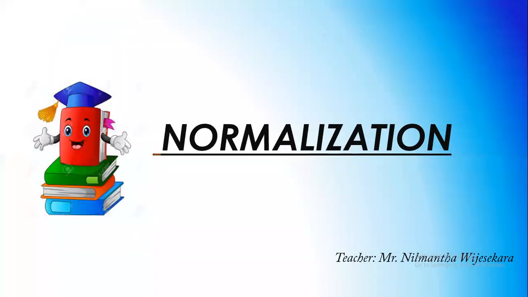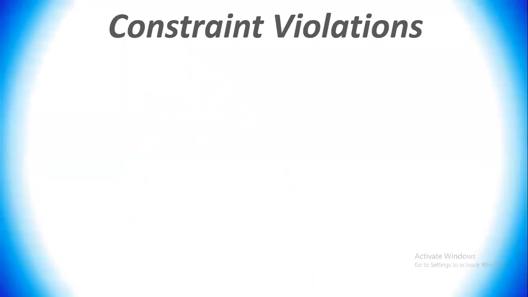The topic is normalization. The background was provided last week by discussing the data constraints, functional dependencies, transitive and multi-valued dependencies. So we'll now discuss what are known as constraint violations.